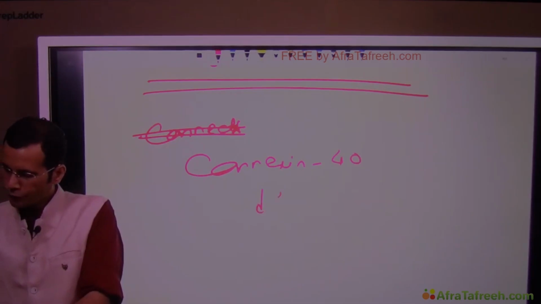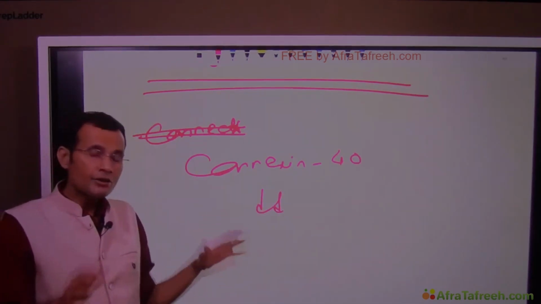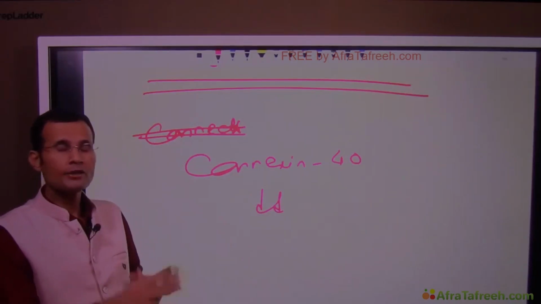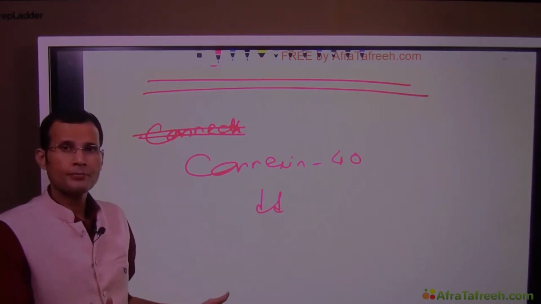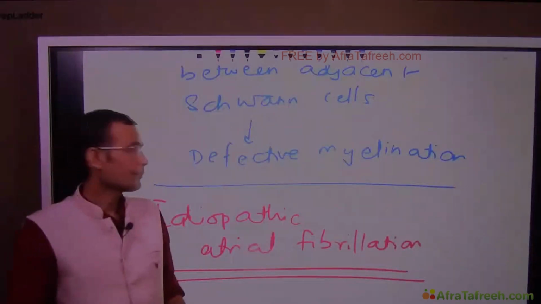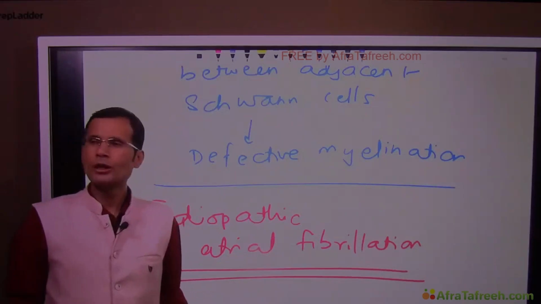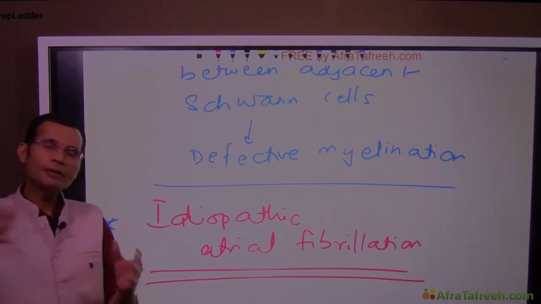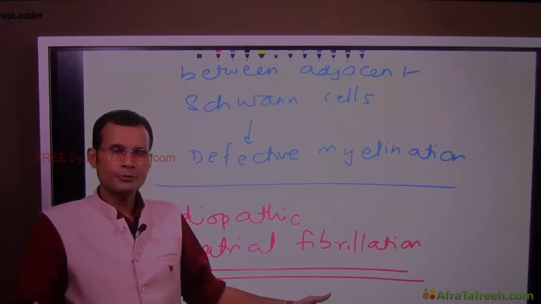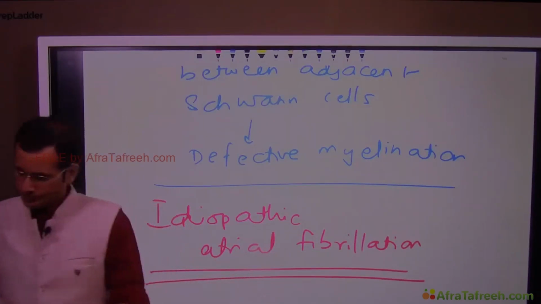Defective connexin 40 results in defective gap junctions between adjacent atrial myocytes, and that results in the rhythm disturbance which is called idiopathic atrial fibrillation. So they may give you atrial fibrillation findings and they will ask you which protein is defective. That can be one way of asking problem solving MCQs.